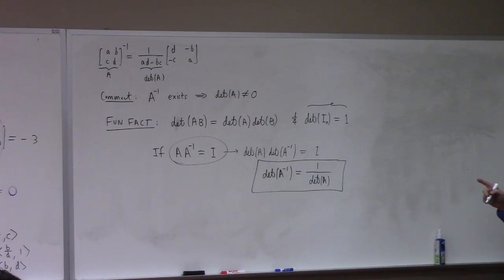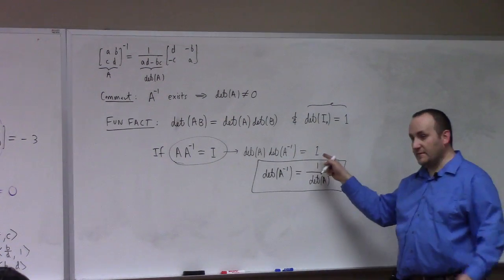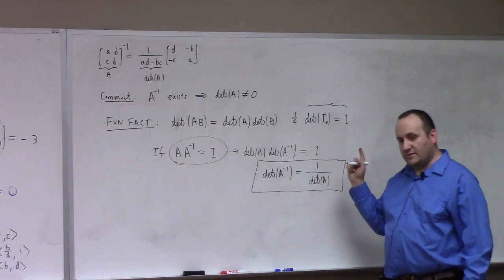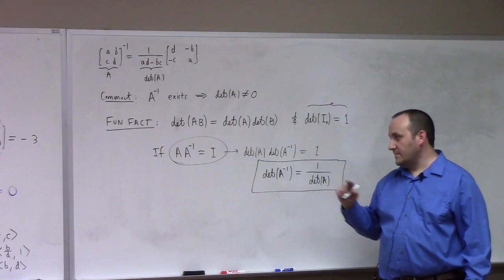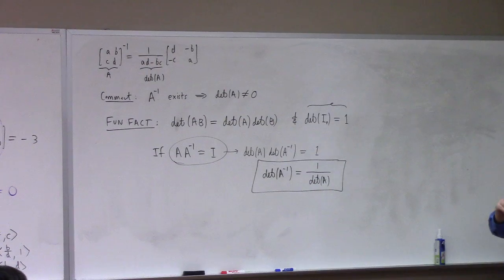Certainly, if the inverse exists, then this equation shows that the determinant cannot be 0. If the determinant was 0, that would spoil this equation for sure, right? The reverse implication showing that the determinant is 0 forces the inverse not to exist, that's a little bit more subtle. That's the thing I'll show in 321, but it doesn't really matter to us here. It's just a fun fact for you.